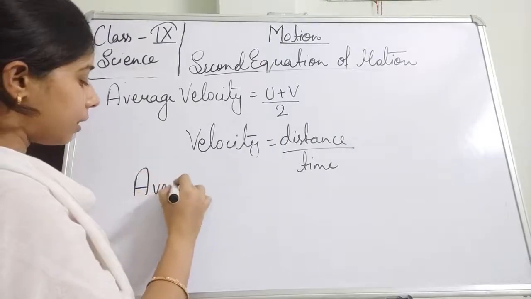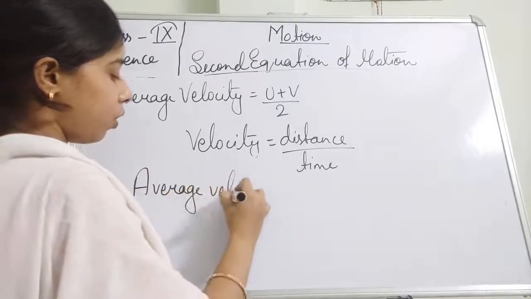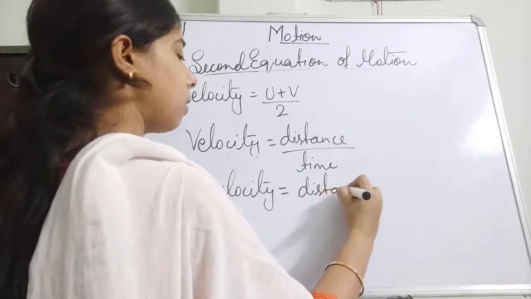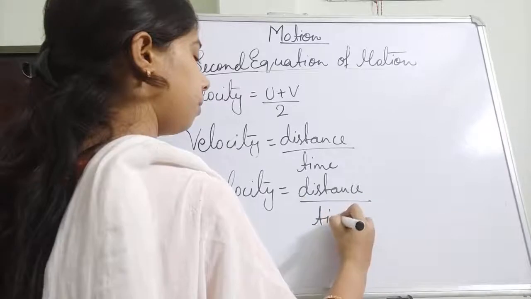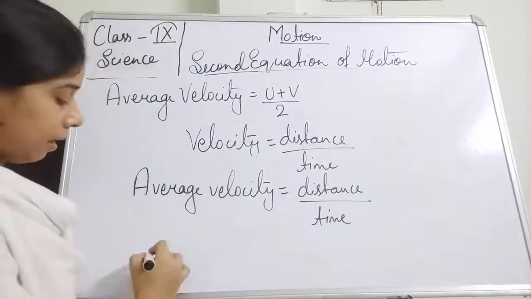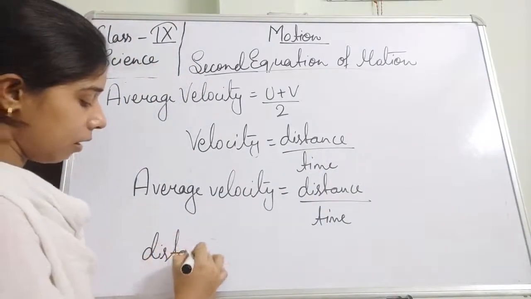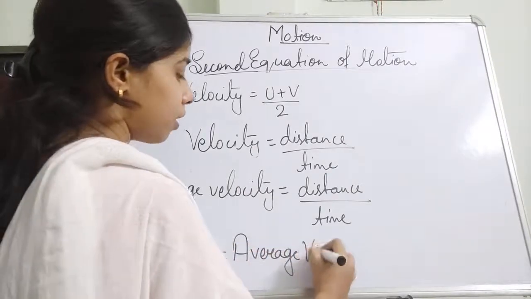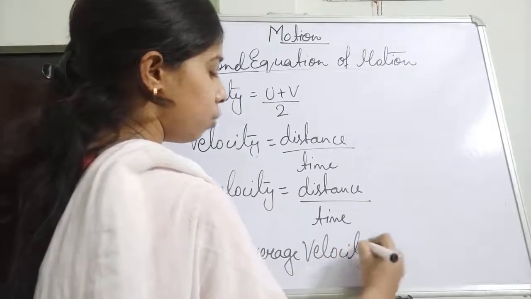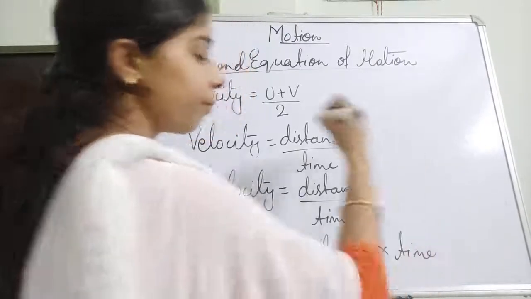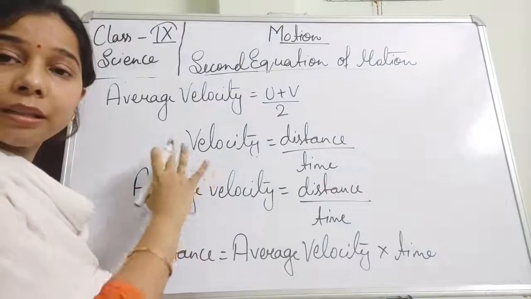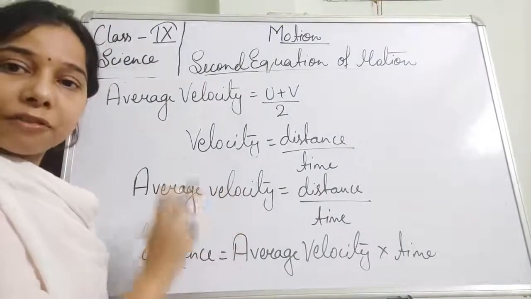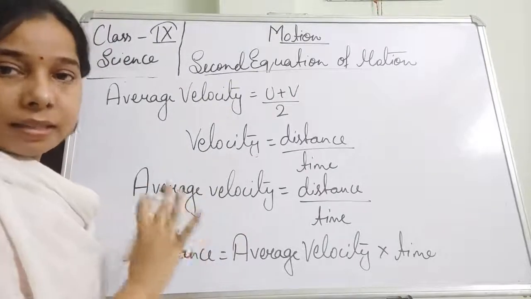So we can also write it: average velocity is equal to distance upon time, or distance is equal to average velocity into time. See, all these equations I am doing just to find the value of the distance. At first we have to find the value of the distance here.